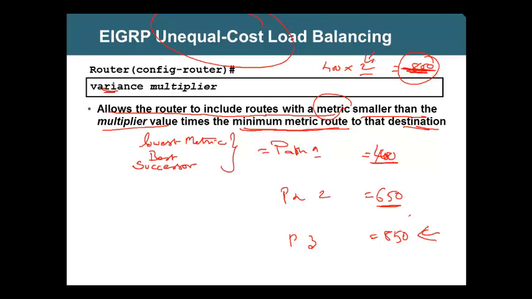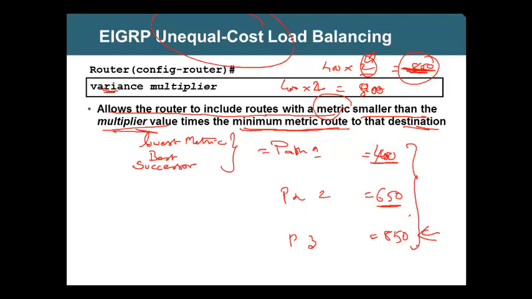Before you change the variance to 2, what was the variance value? 1. When variance is 1, you multiply 400 by 1, you get the same value. You cannot do load balancing. When I put 2, it became 800. So my multiplier value is 800.